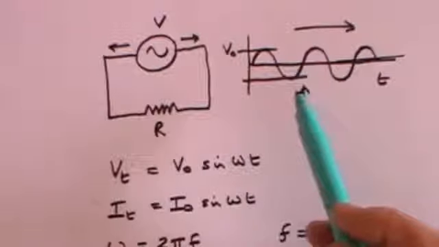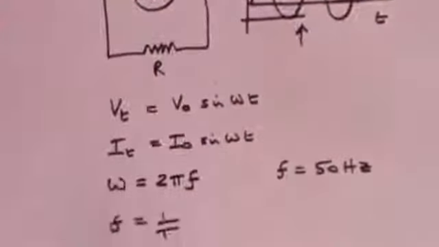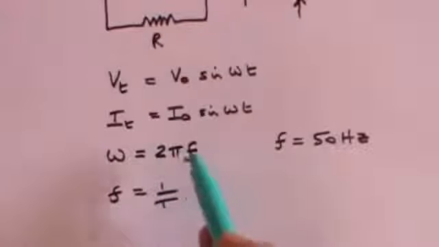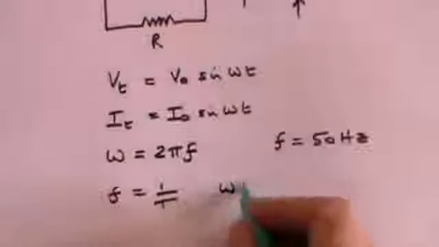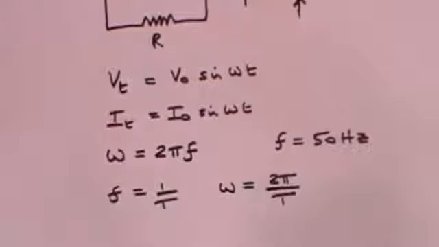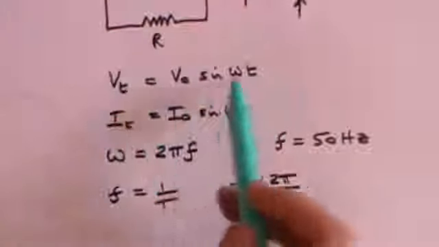The period is the time it takes for one wave to go past that point. So the frequency is simply the inverse of the period. And if omega is 2 pi f, then omega must also be 2 pi over T, since f is 1 over T. So now let's have a look at this formula. Let's do the voltage.